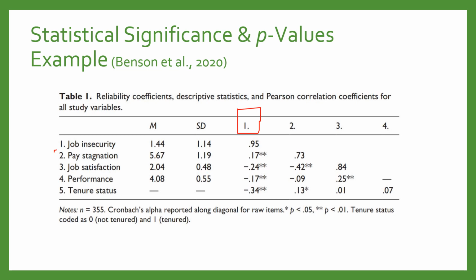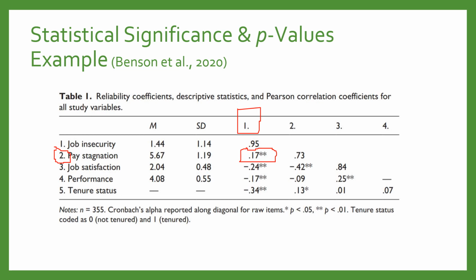So you can see here, variable 2 is pay stagnation, variable 1 is job insecurity. And so this 0.17 tells you the correlation between job insecurity levels and pay stagnation, or having your pay not increase over time.